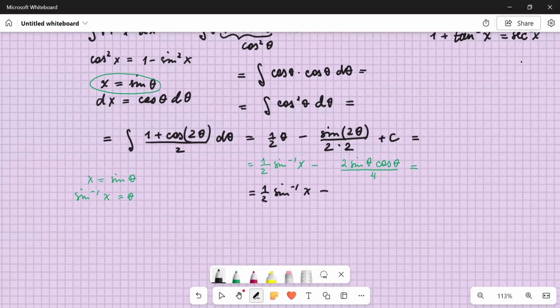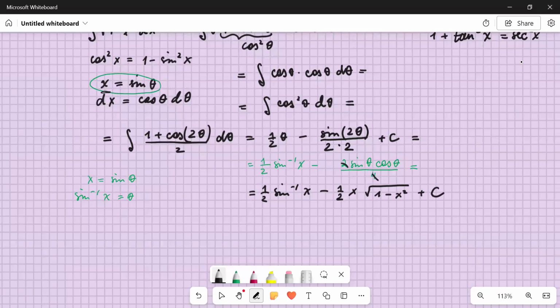Now, for the second expression, first I'll cancel 2 and 4 and write down just 1 over 2. Second, sine of theta from this expression is just equal to x, right? What is going to be cosine of theta? Well, cosine of theta, according to the formula, is the square root of 1 minus x squared, right? It's supposed to be 1 minus sine squared, but sine is equal to x, so it's going to give me this expression.